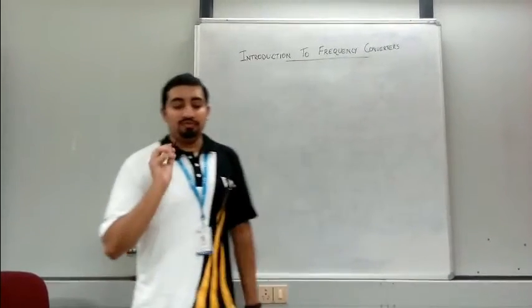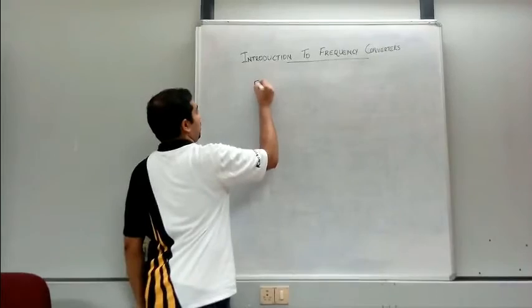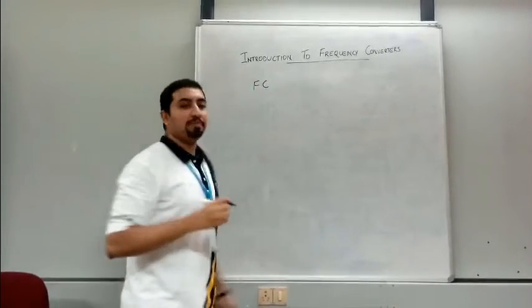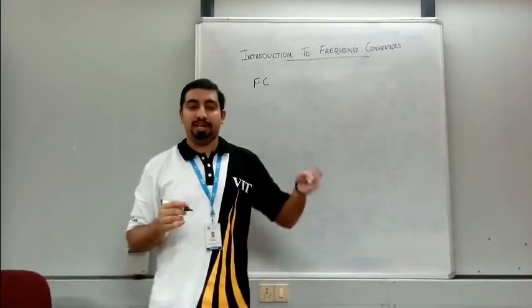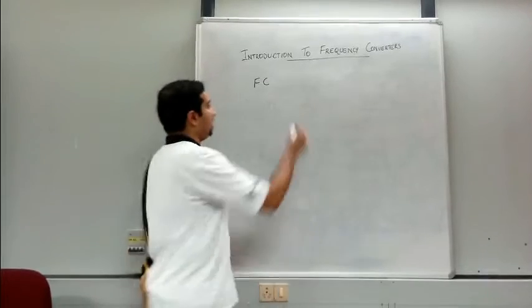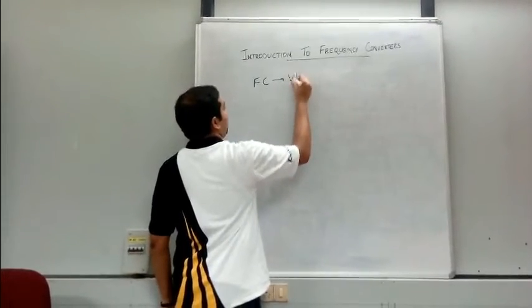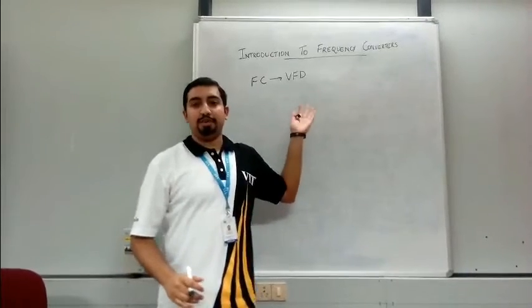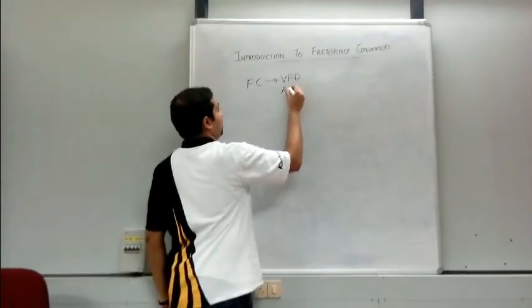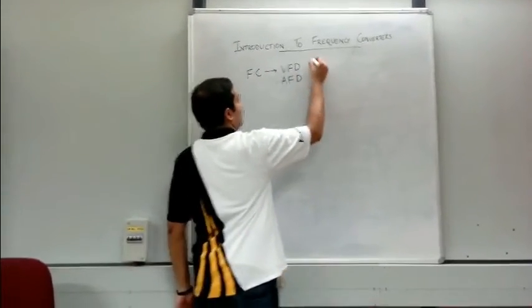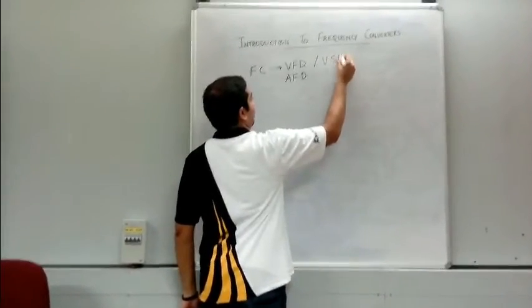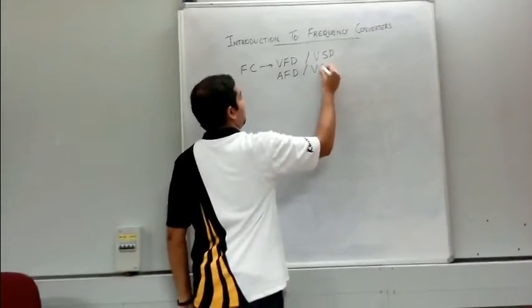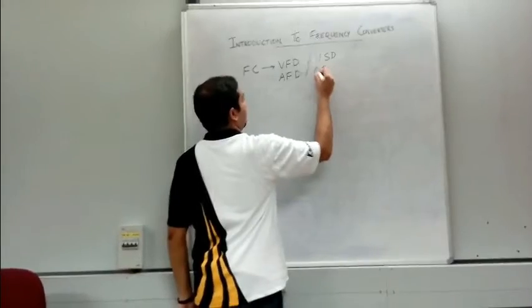Now this frequency converter, which is also known as FC for frequency converter, has multiple other names. In industry they are calling it in different ways. It's also called a variable frequency drive, popularly known as VFD, or adjustable frequency drive AFD, or variable speed drive, or adjustable speed drive.